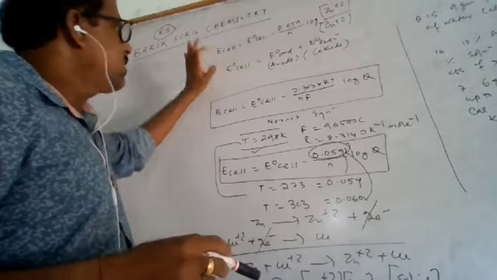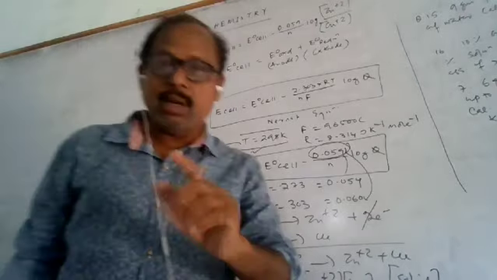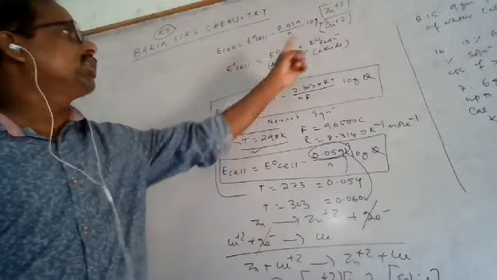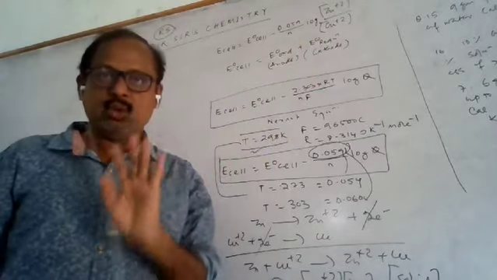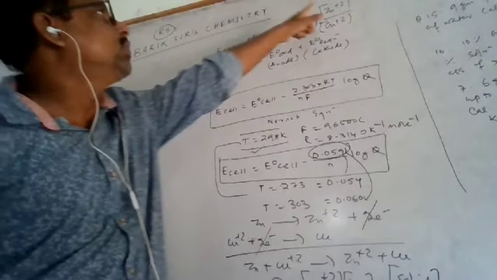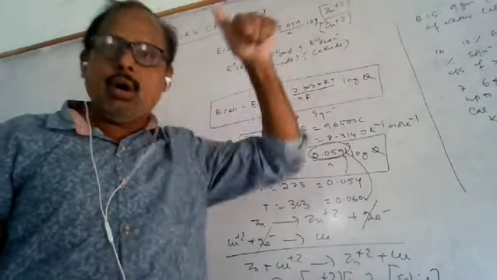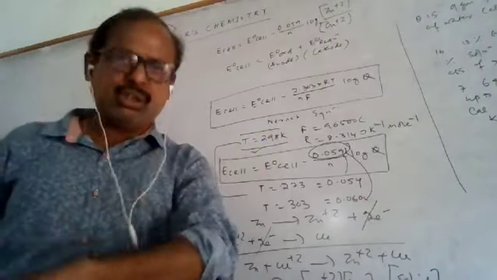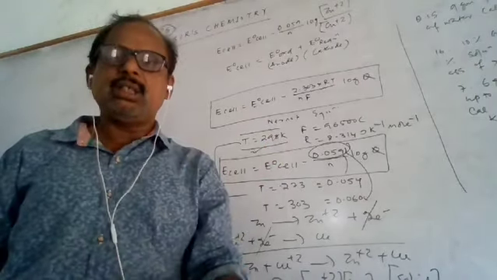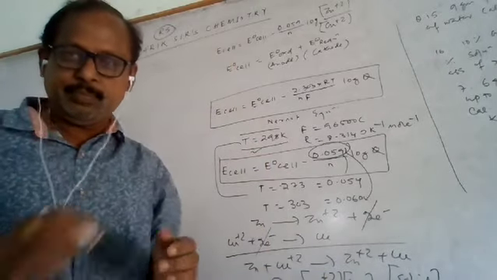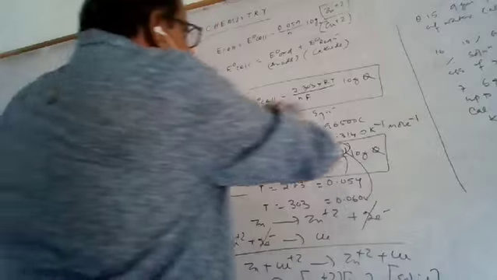So the E naught cell is a standard value that is not going to change. It is a fixed value because it depends upon the experimental values of the anode and the cathode. The E cell value changes with the change of concentration or temperature, but we have chosen the temperature as constant. So only the concentration is the variable which varies E cell. So this is the Nernst equation.